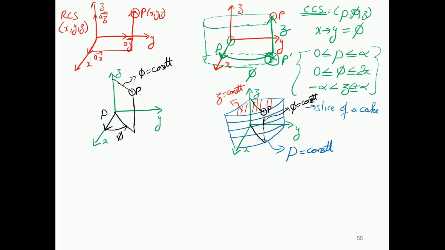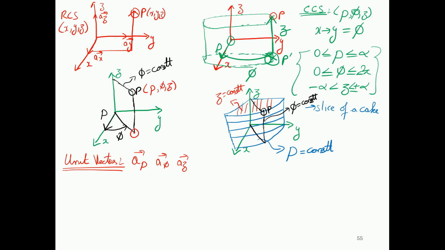Now what about the unit vectors associated with this? So we know that the unit vectors which make this a complete vector are a of rho, a of phi, and a of z. So in this example, let's say if I have this point P, so its location scalar values will be rho, phi and z.